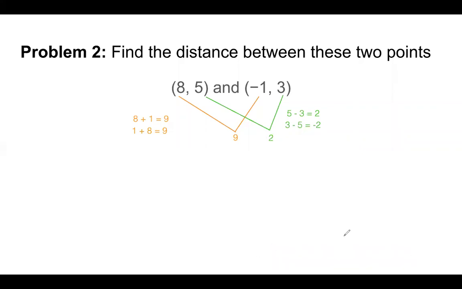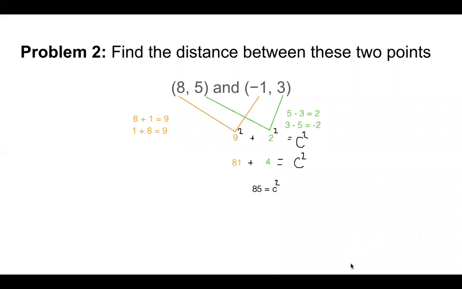Now I will use the Pythagorean theorem. 9 squared plus 2 squared equals c squared. 9 squared is 81. 2 squared is 4, which equals c squared. 81 plus 4 is 85.